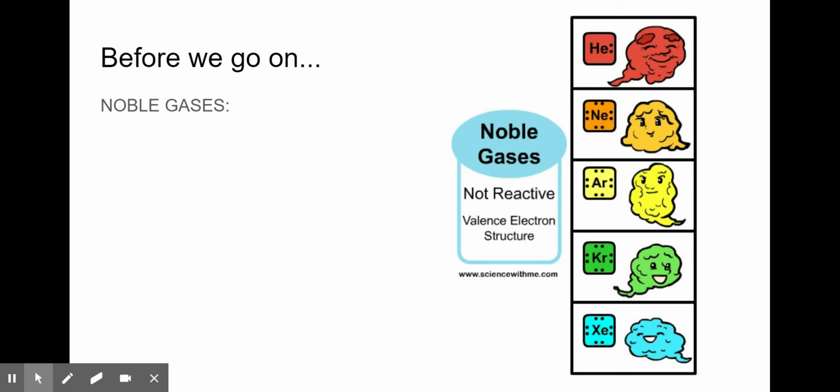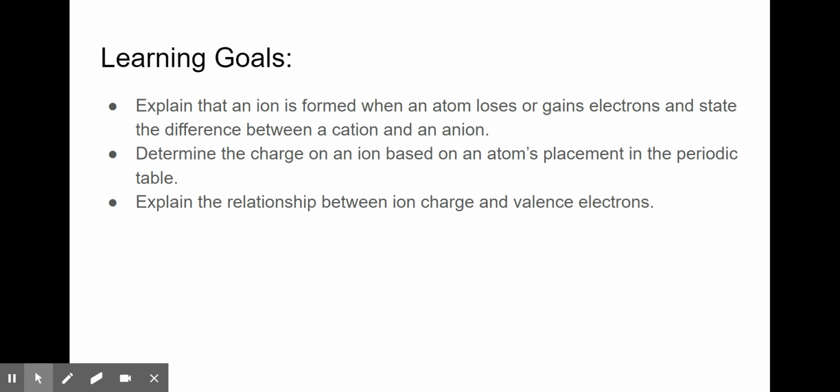Those outermost shells are full. If the outermost shells of atoms are full, then they're not going to form any more compounds or need anything else to become electronegatively stable, okay?